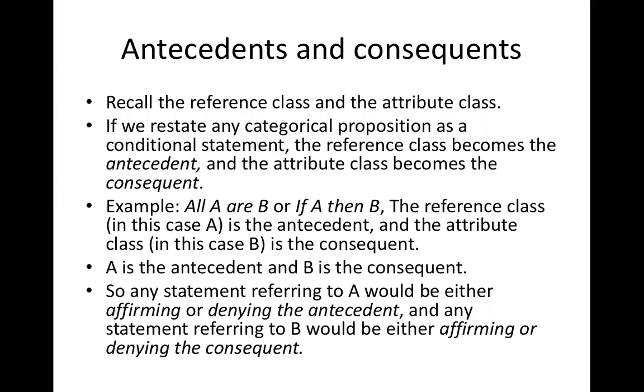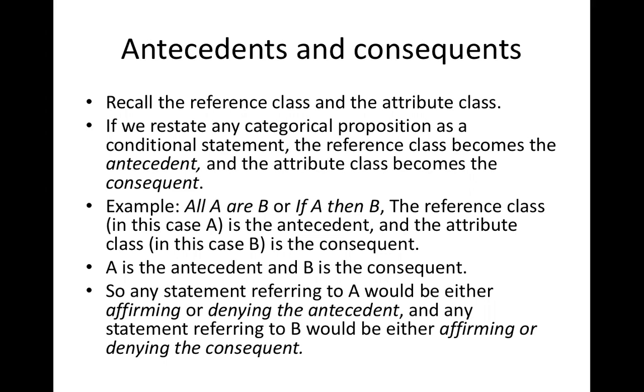When you have converted it to conditional, all men becomes if something is a man. So both of them are the reference class. And then when you convert it to conditional, a mortal becomes what? Then he is mortal. Both of them are the attribute class.